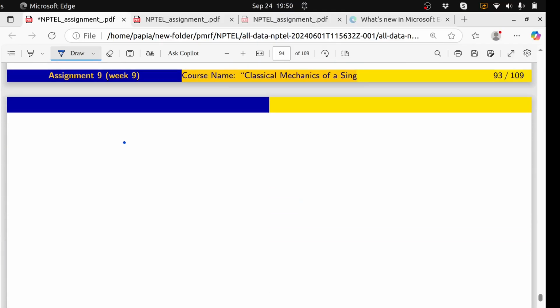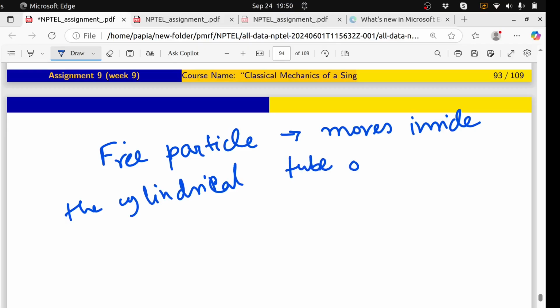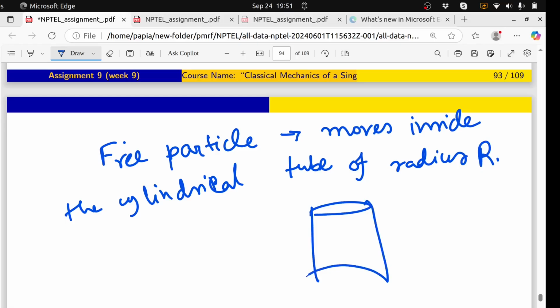So, a free particle moves inside a cylindrical tube of radius r. That means if I want to draw the picture, this is, let's say, r.